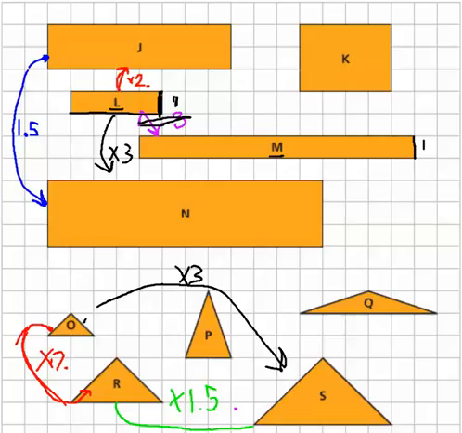Yes. Just because, Reese, you have your hand like this doesn't mean I know you're talking. So I saw that L's area was 0.25 times as much as J. So it looked like it was like 4.